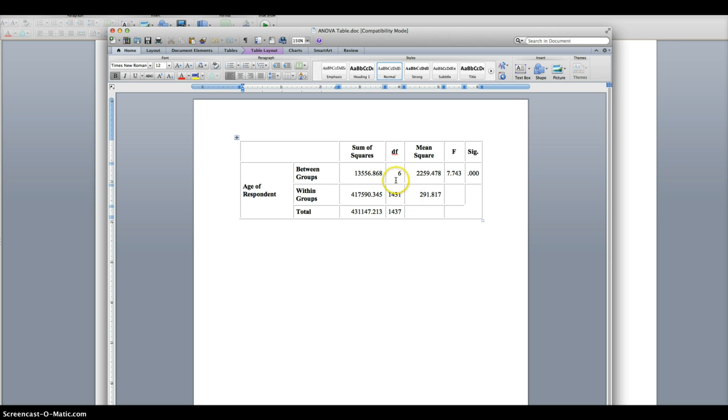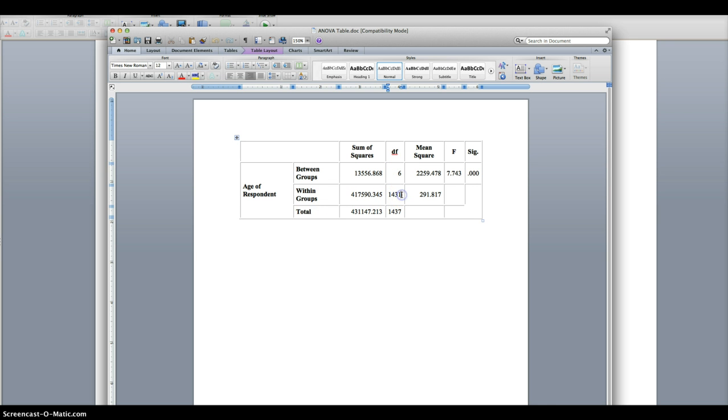One of the things that you'll notice is we do have degrees of freedom. Between the groups means exactly what it says, how many groups we have. This works exactly the same way as the t-test did, in terms of you add one back to determine how many groups we have. So for example, here we have 7 groups.